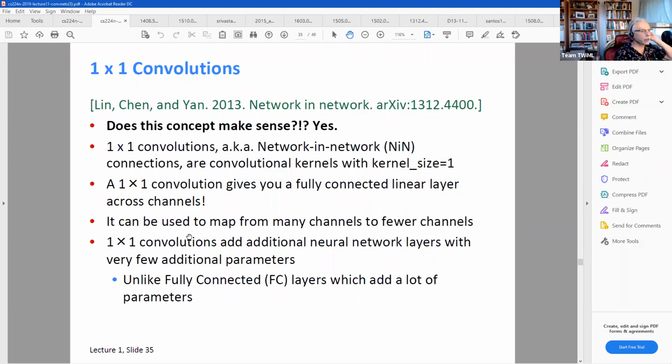The advantage, I guess, is that instead of using a fully connected layer where you have to add a lot of parameters, you're only adding a vector of parameters instead of a matrix of parameters. A one-by-one convolution is basically a vector of parameters that have to be solved for, whereas for a fully connected layer, you have to solve for weight matrices and so on, which is a lot more things to solve for.